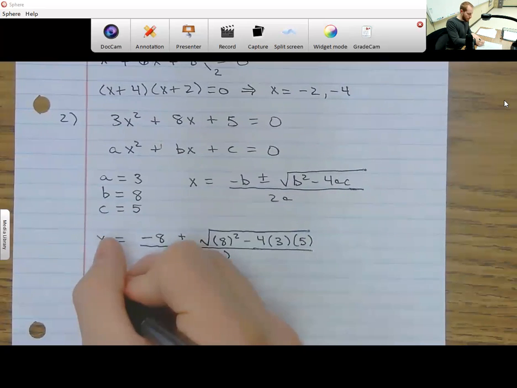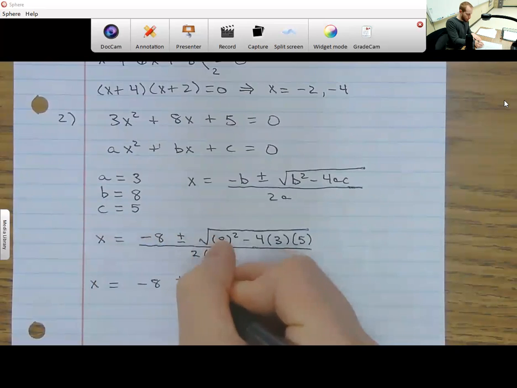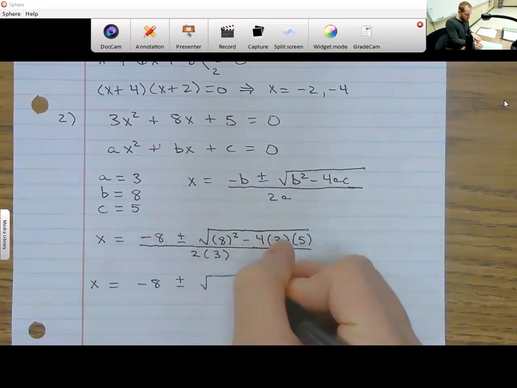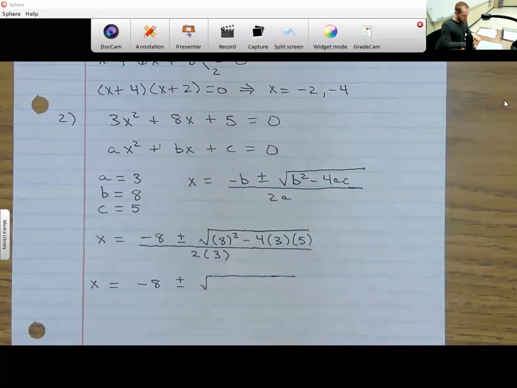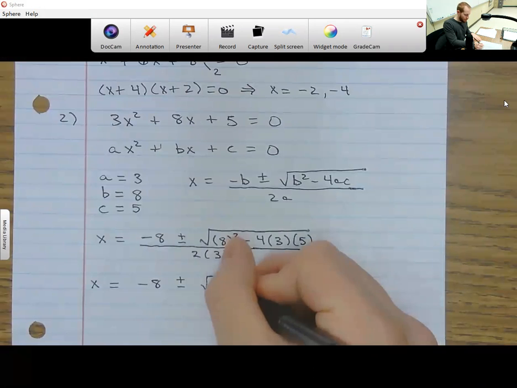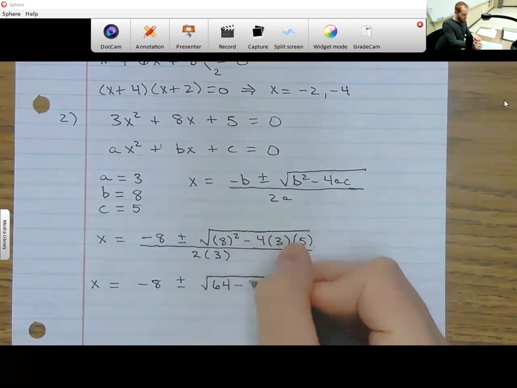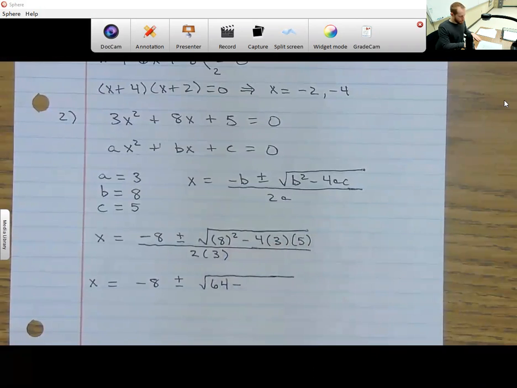So I'm going to have x equals negative 8 plus or minus the square root of what? Well, 8 squared, that's going to be 64. So I can change this to being a 64 minus, and then I have to figure out what 4 times 3 times 5 is.